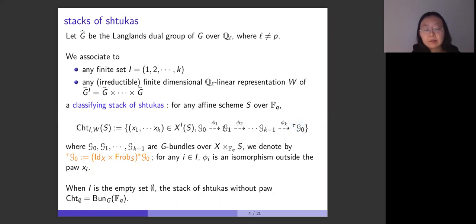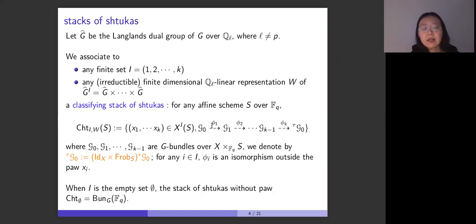Between these G-bundles you have modifications, meaning an isomorphism everywhere except at the poles. So phi_1 is an isomorphism outside x_1, with a modification on x_1 which is bounded by W. I didn't write down the precise definition here.